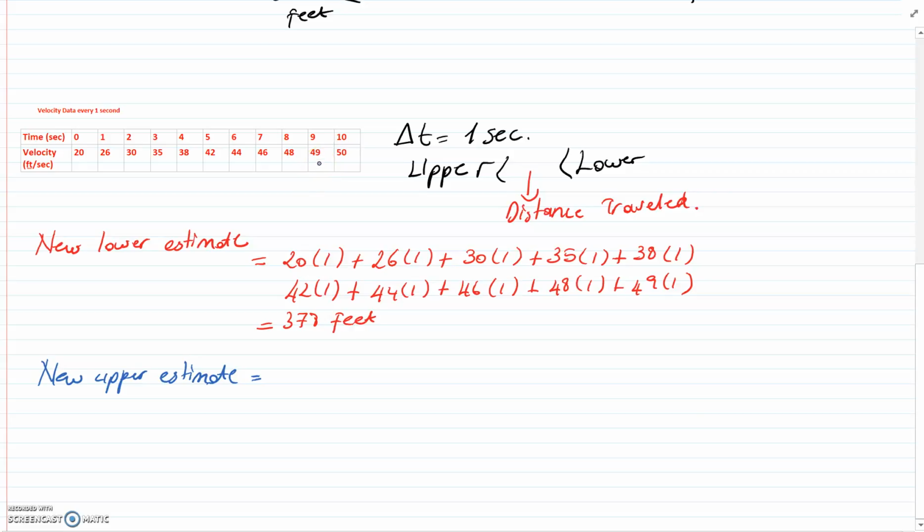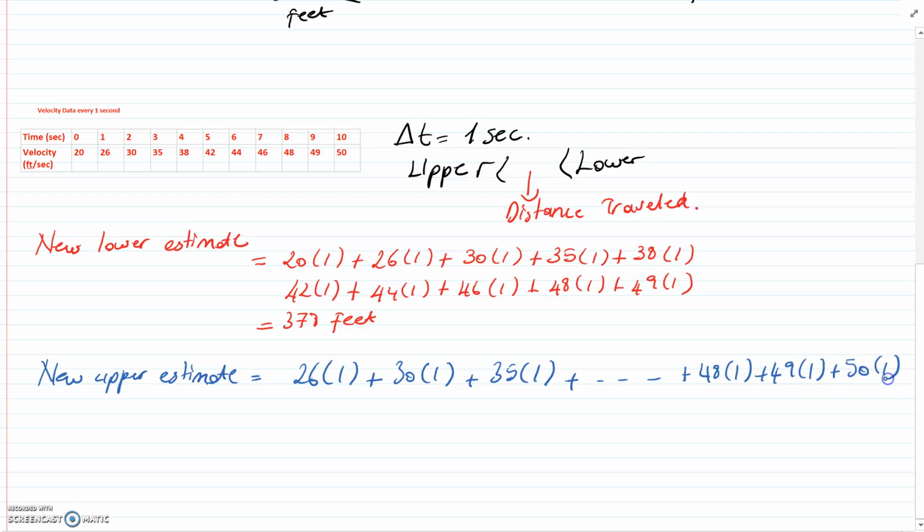So the new upper estimate will be 26 times 1, 30 times 1, 35 times 1, and I'm not going to write all of them down. The last two will be important: 48 times 1, 49 times 1, and 50 times 1. So our new upper estimate will be 408 feet.